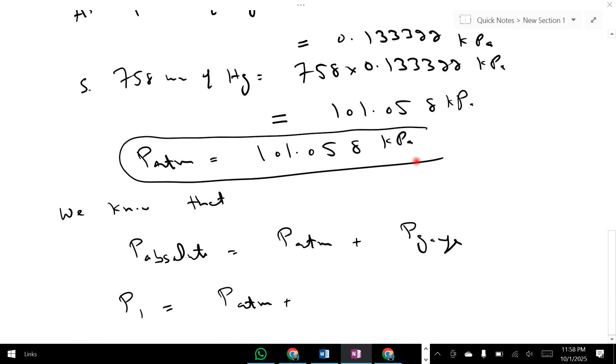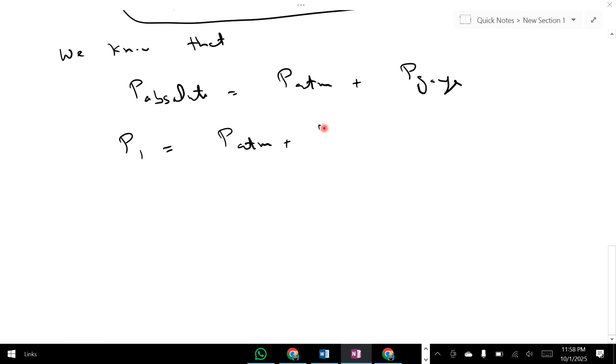So gauge pressure for fluid A is gamma A HA, and for fluid B is gamma B HB, where gamma is specific weight. The unit of gamma is kilonewton per cubic meter, and H is meter.